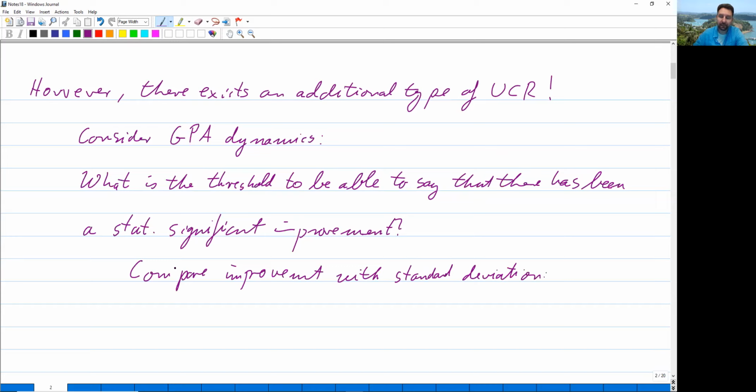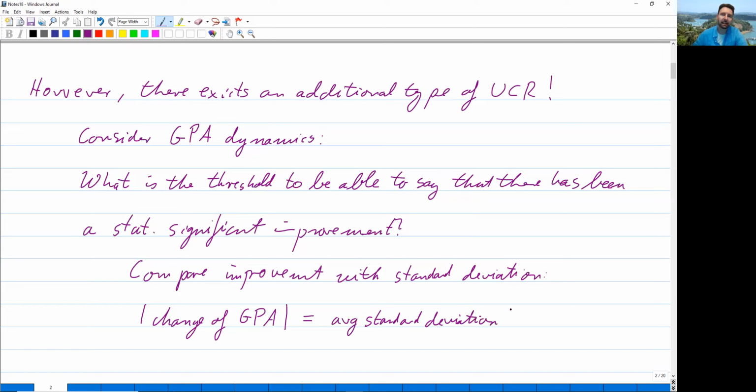So basically what we say is that the absolute value of the change of GPA, when that is equal to the average standard deviation.